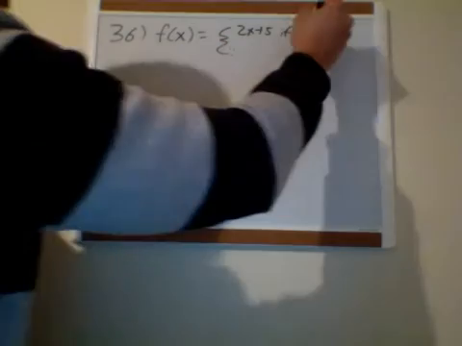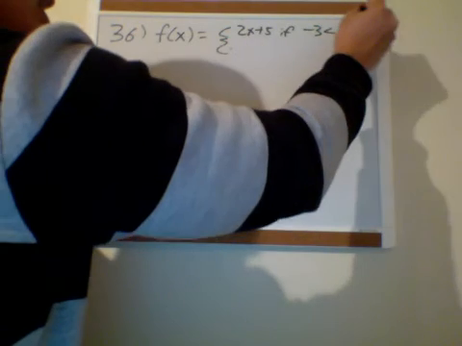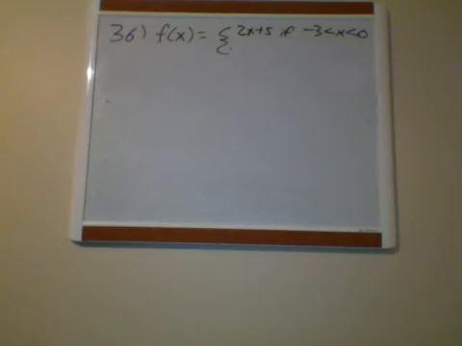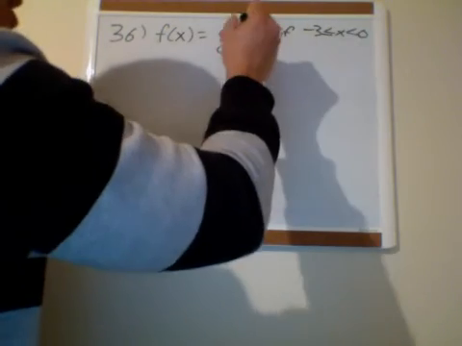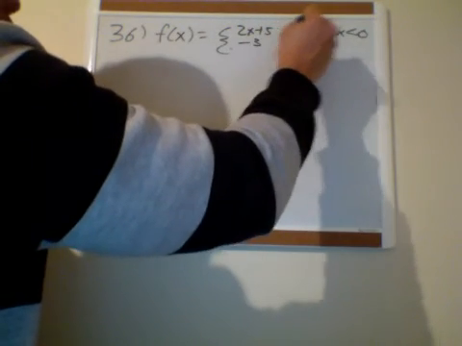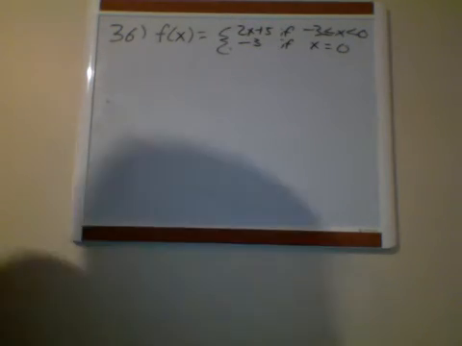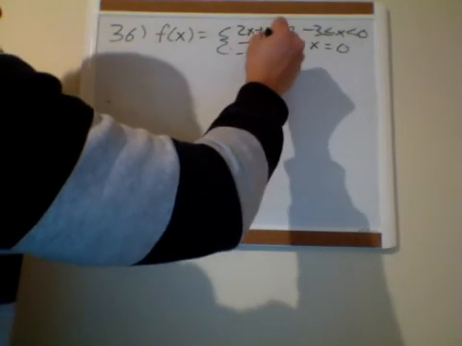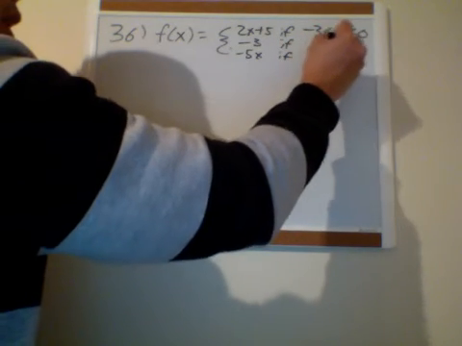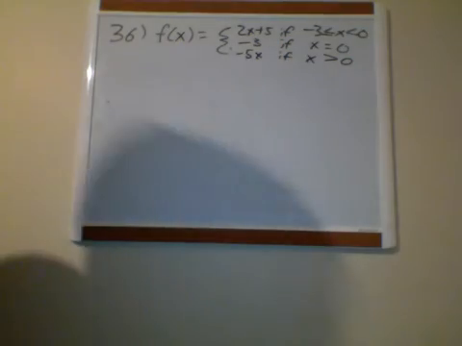If -3, I believe, and then the last part is -5x, x is greater than 0.